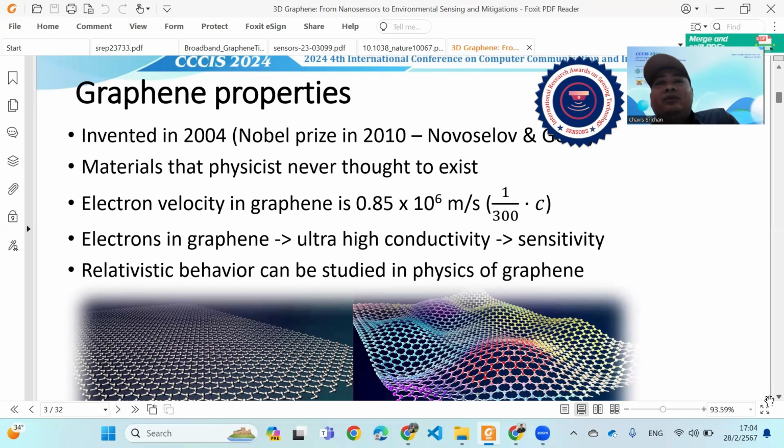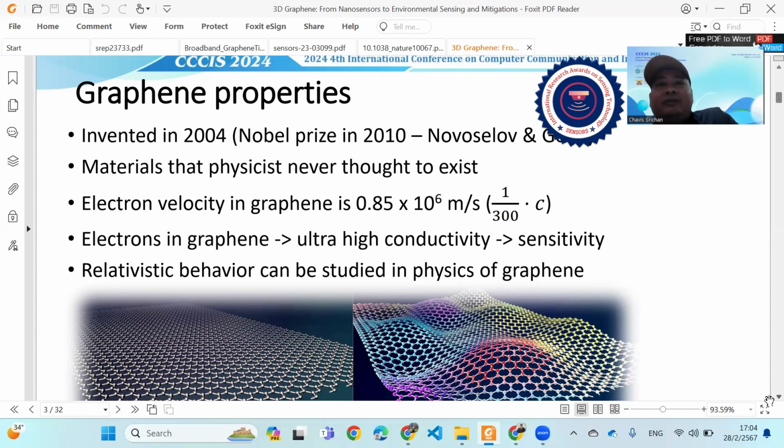That's why we have a very fast response in electrochemistry, and also when we want to tune the Fermi energy level of the graphene, we can just apply a voltage and get modulation of the Fermi energy level.